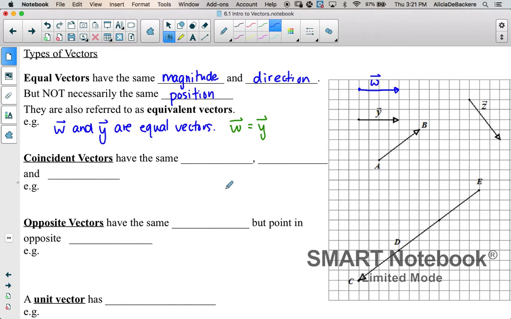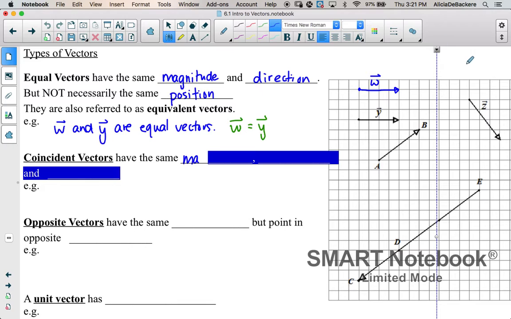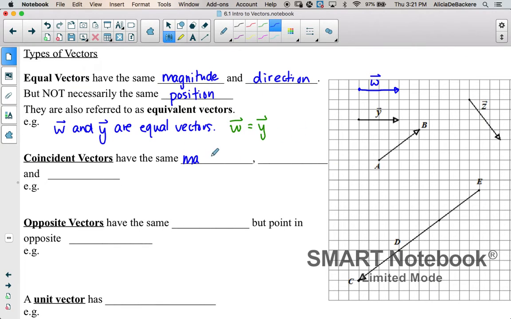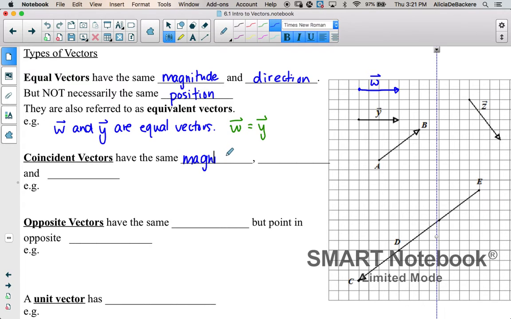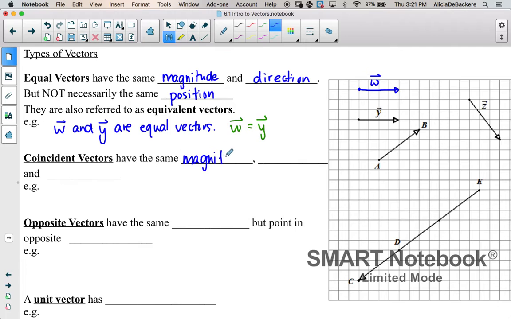All right, the next one we've got is coincident vectors. Now, coincident vectors have the same magnitude, the same direction, and the same position.